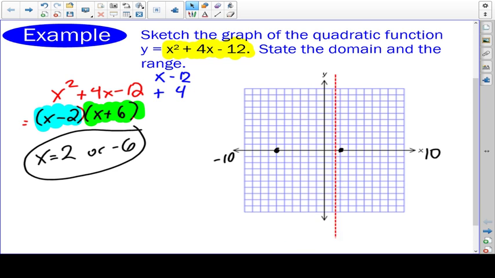What x value is halfway between those 2 points? Negative 2, right here. Because if it's right here, it's 4 on either side. So I know that the vertex is going to be somewhere along that line of symmetry.